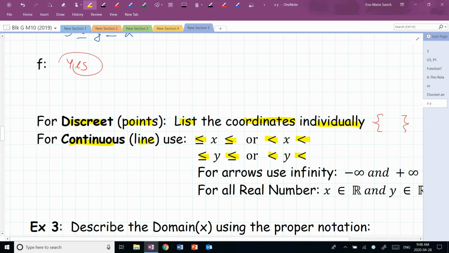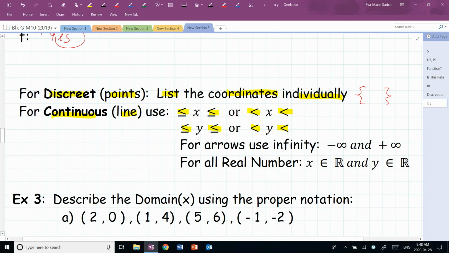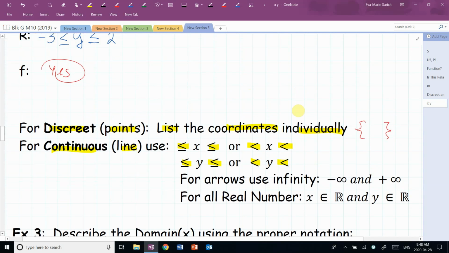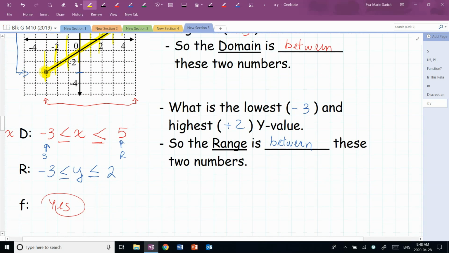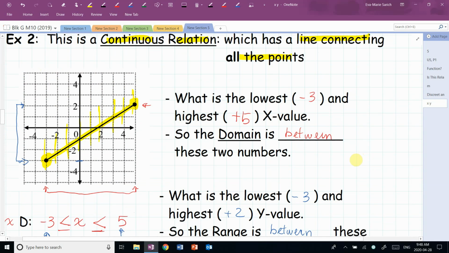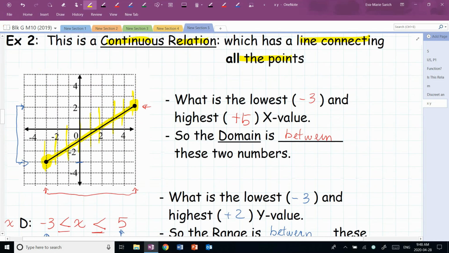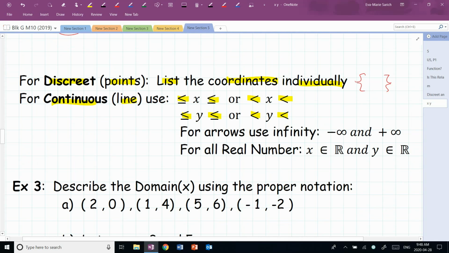Now, one more thing I need to point out is if the line doesn't stop like we had in this graph, it stopped at that point there and it stopped at that point there. It doesn't have an arrow on the end. Many of the graphs that we've done in the past have had arrows on the end. That means it goes on forever. And forever means infinity.